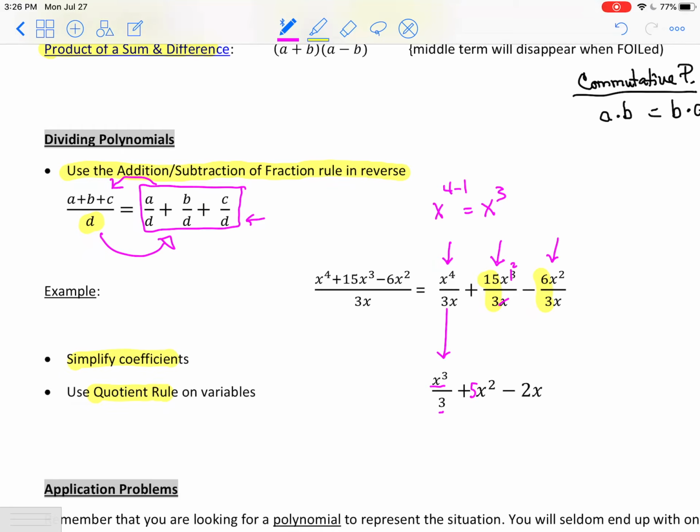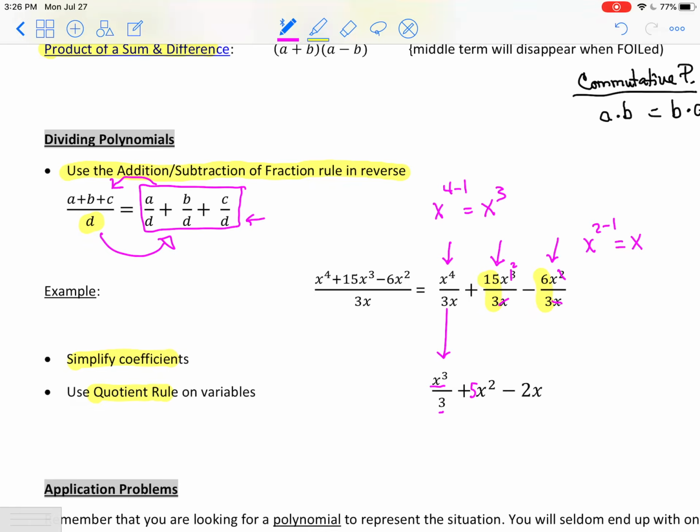So we've got 5x squared as our second term. And on our third term, we have a -6 over 3, which is a -2. And if you like the quotient rule, we would do this and come up with an x, or we'd say, yep, this goes out with one of those, leaving just an x.